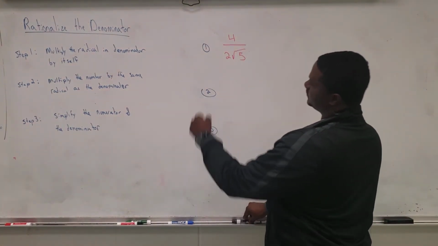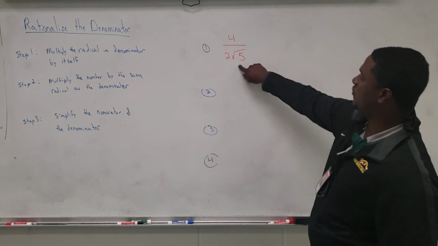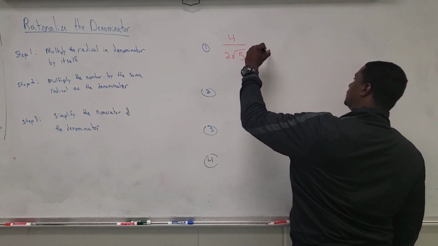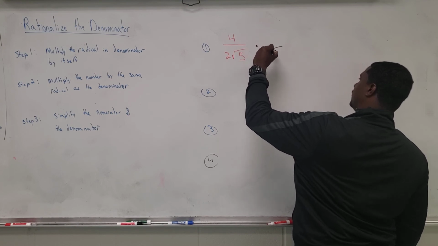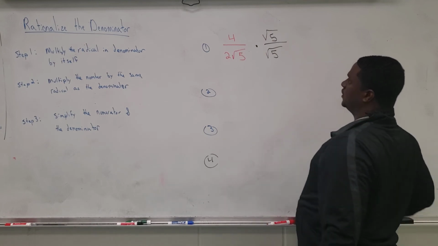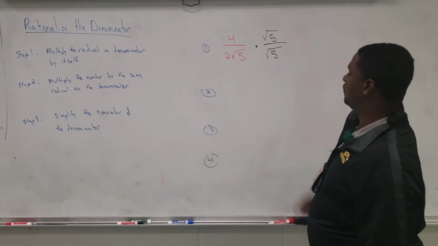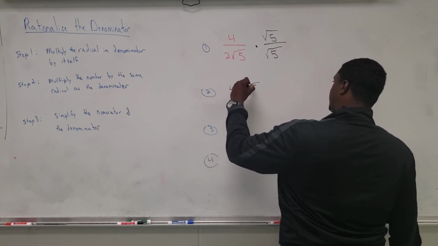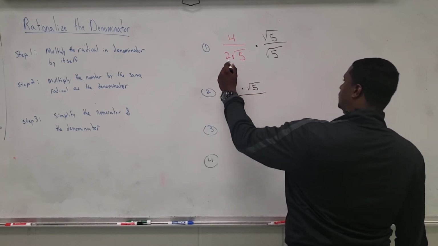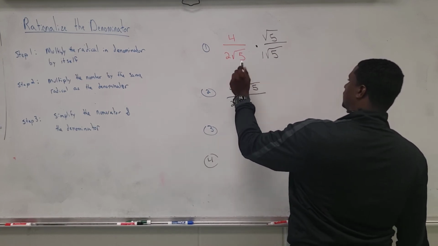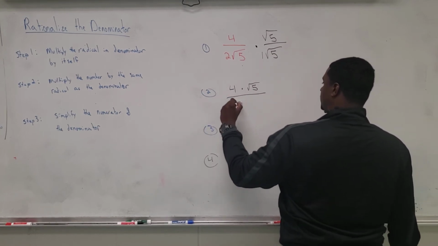Again, the first step is to rationalize my denominator. So I look at my radical. That is square root of 5. I multiply straight across, 4 times square root of 5. 2 times 1 is 2. Square root of 5 times square root of 5 is just 5.